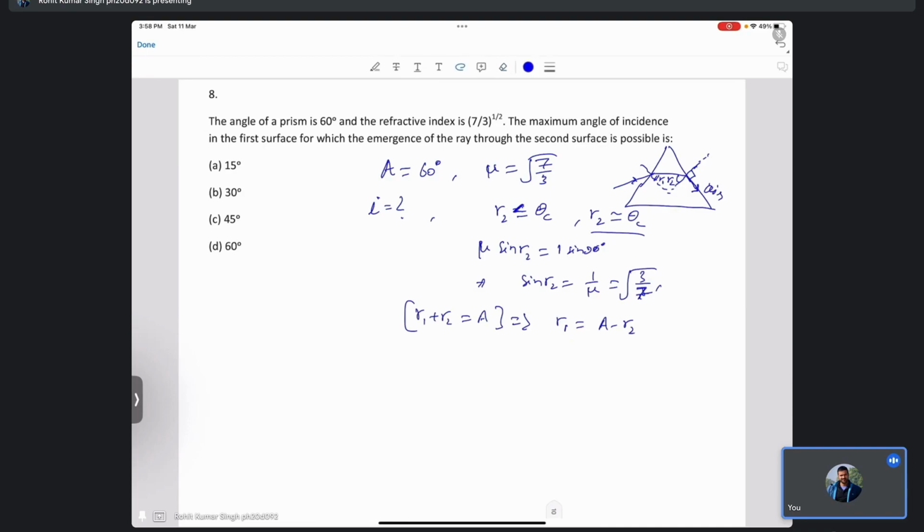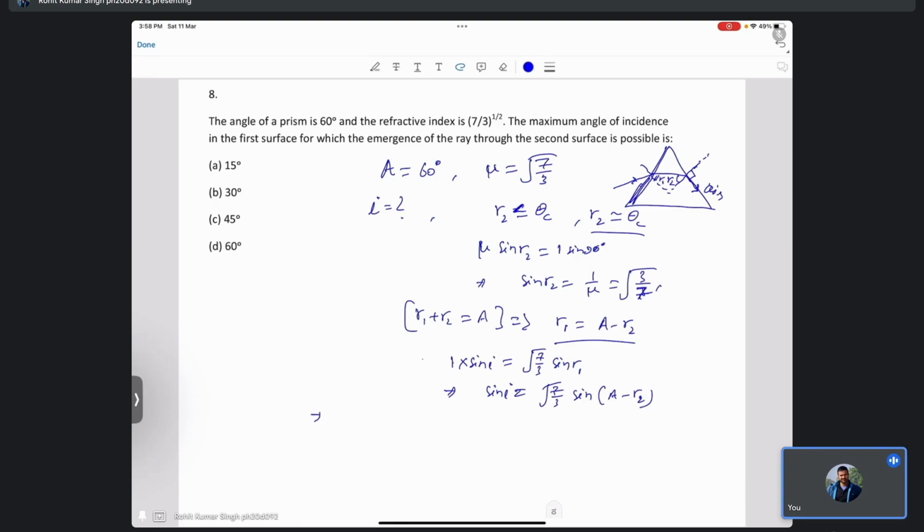Then we can apply Snell's law on the first surface. So air sine I is equal to prism sine R1, so sine I equals 7 by 3 times sine R1, which we can write as A minus R2 using this result.